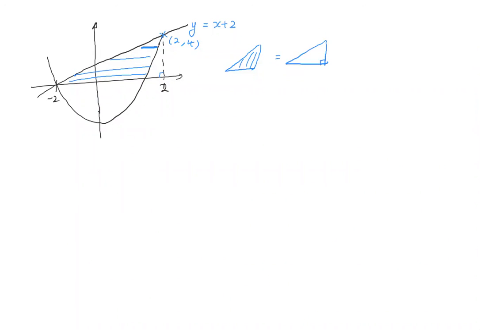My triangle, the height is 4. The width is also 4, from -2 to 2, it's also 4. Take away, okay, so I'm going to draw. This is my x-axis. This is the curve. Take away this part.